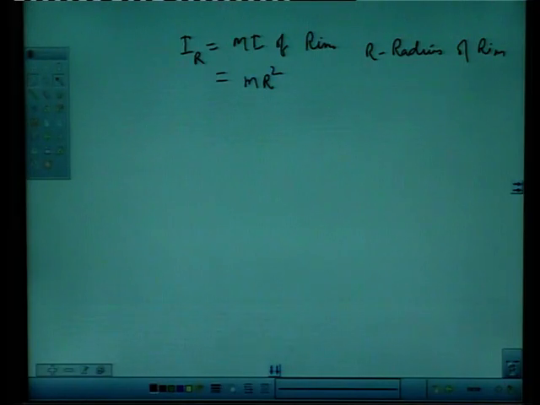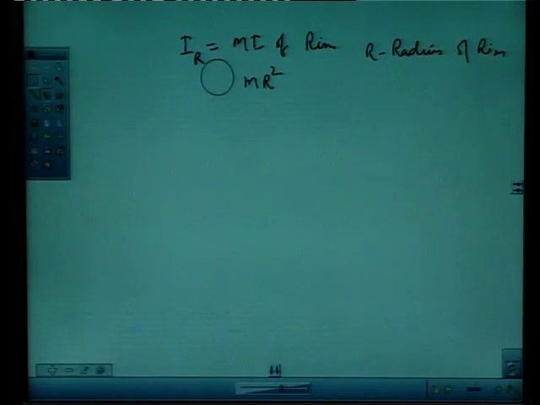This can be approximately written as m r square.